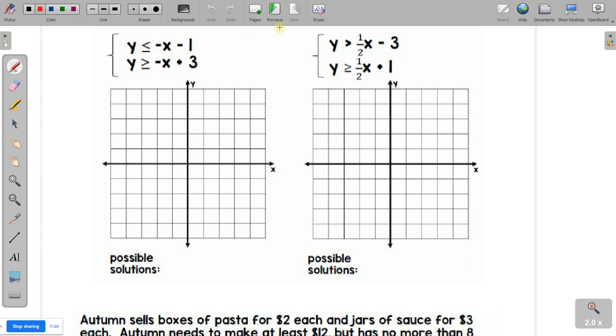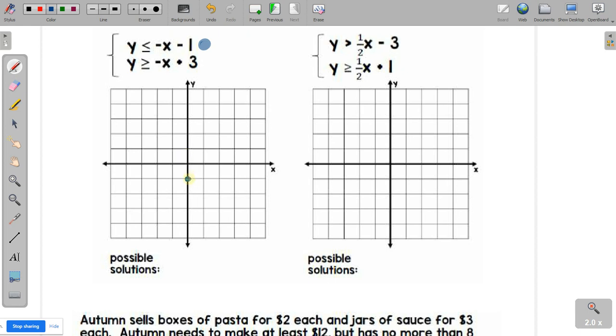Okay, let's look at the next equation. We have y is less than or equal to -x minus 1. So we are going to start off with our y-intercept here, and our y-intercept is -1.